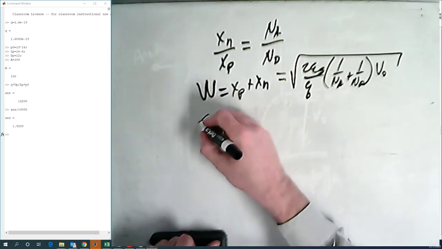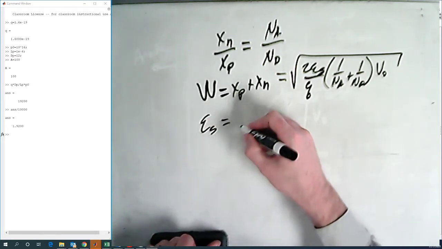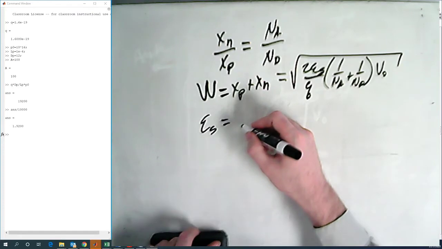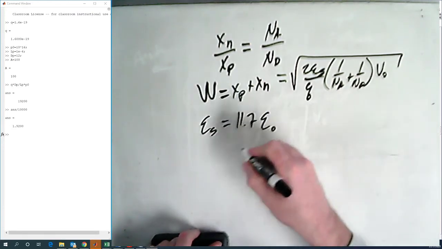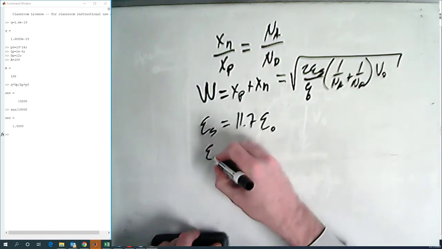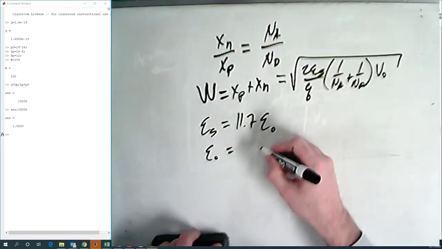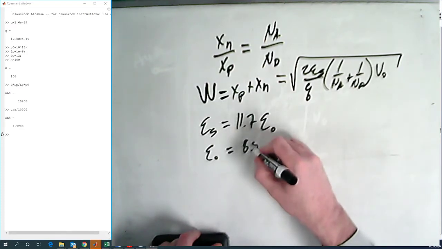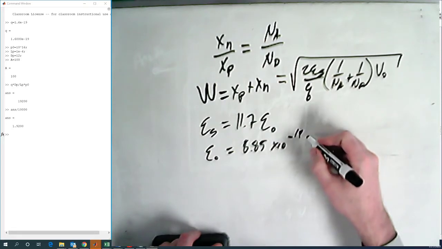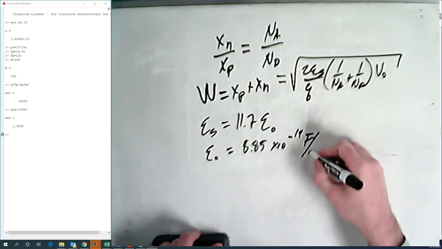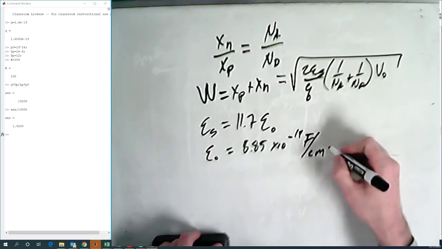So epsilon s is the permittivity of silicon, which is equal to 11.7 times epsilon naught. Epsilon naught is the permittivity of free space, which is equal to 8.85 times 10 to the negative 14th farads per centimeter.